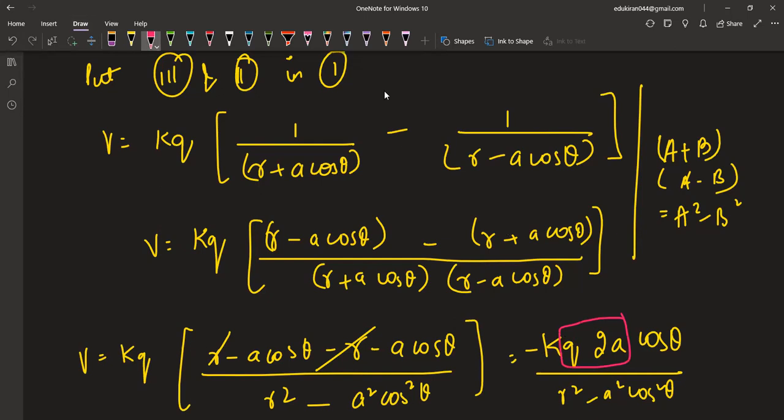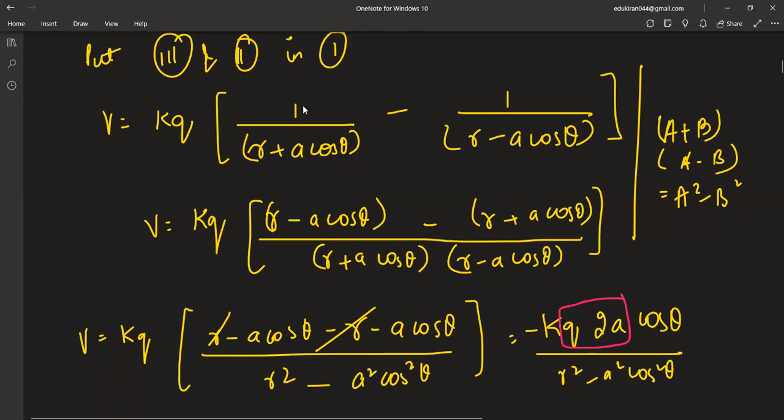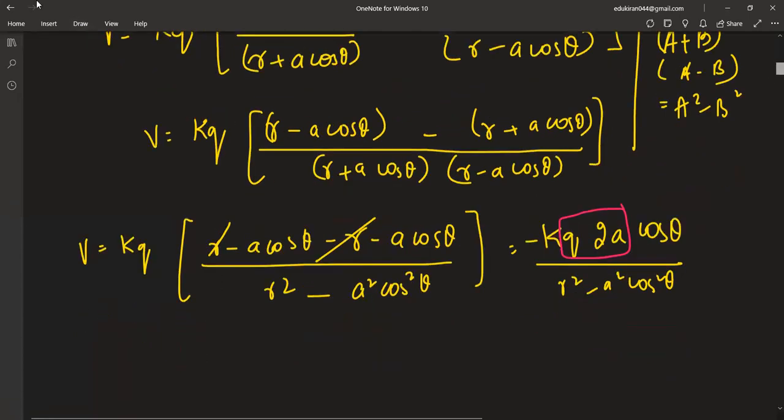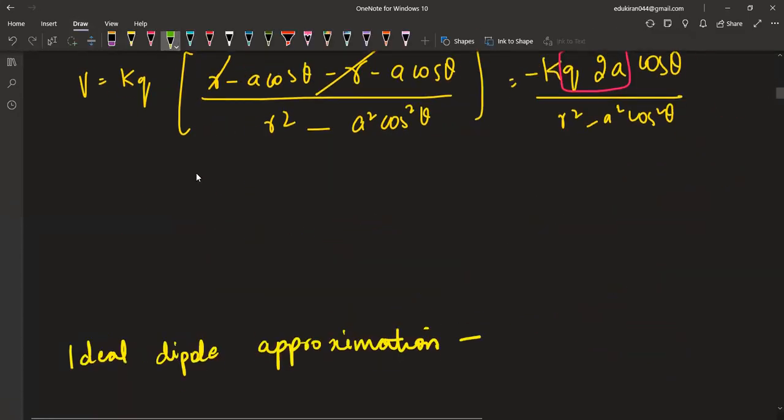Very good, Fia. Dipole moment. Yes, this is the dipole moment. Charge multiplied by, see here we are getting Q into 2A. That is dipole moment. All those who are new, this is the formula of dipole moment. You take the charge, multiply by their separation, you get dipole.